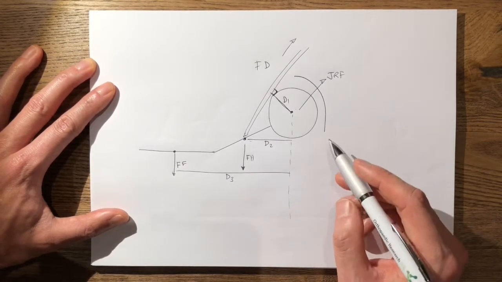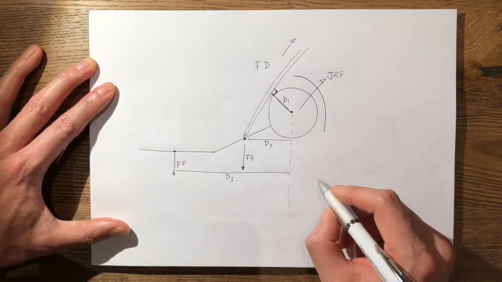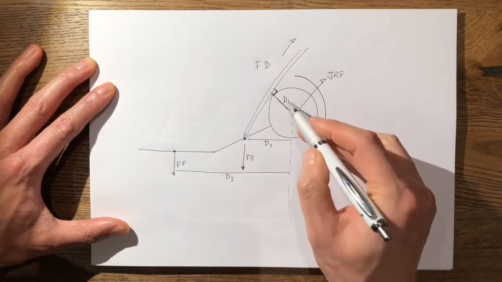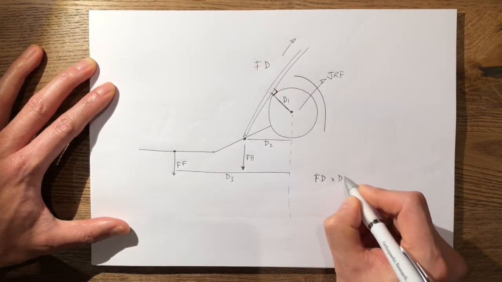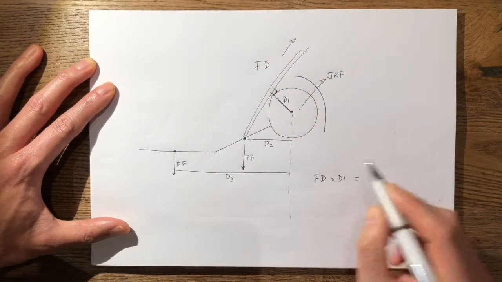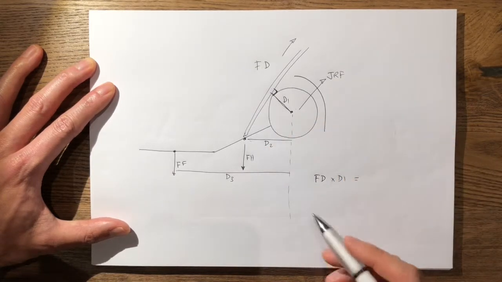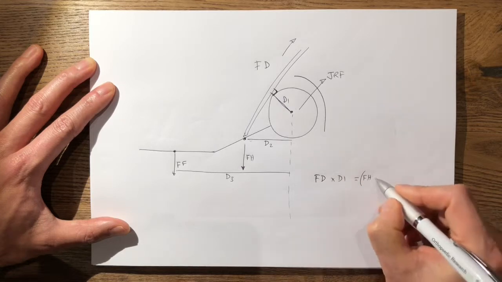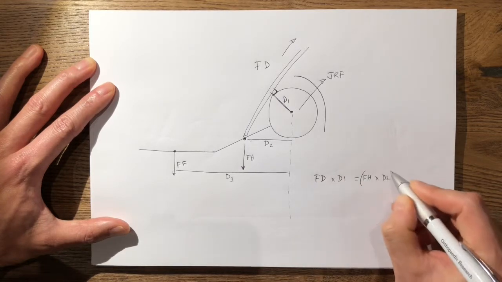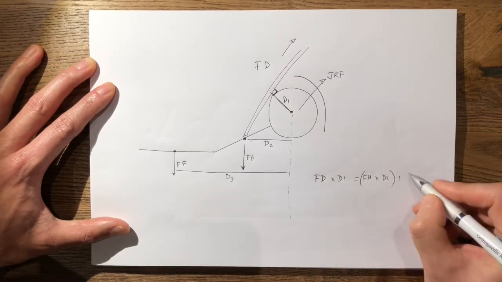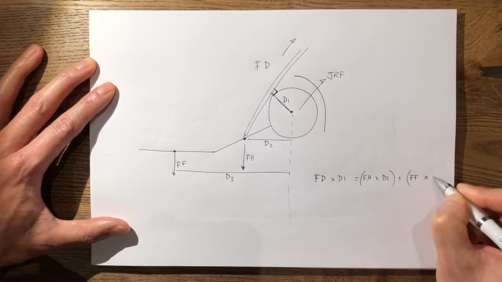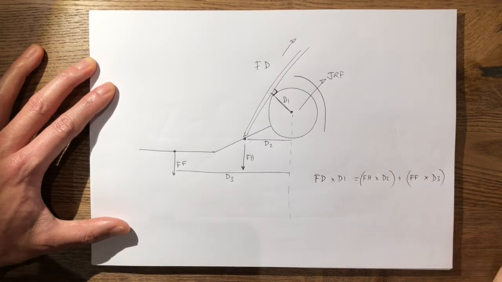So if we take our clockwise moments, which would be your force of your deltoid multiplied by distance 1, that has to equal all of your anti-clockwise moments, which would be your force of your humerus multiplied by D2 plus your force of your forearm multiplied by D3.